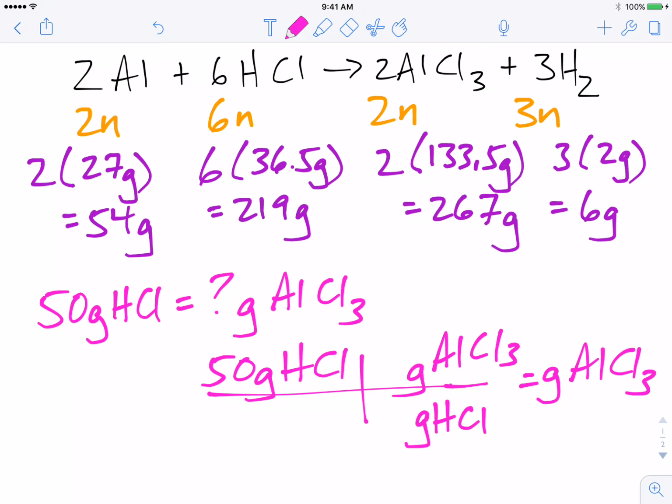We're comparing two different chemicals here, AlCl3 and HCl, so that information has to come from our equation. Since our units are in grams, we're going to get the units of grams that are associated with both. So for grams of AlCl3, we calculated that at 267, so that's what we're going to write on the top. And then for grams of HCl, we calculated that at 219, so we'll write that on the bottom.